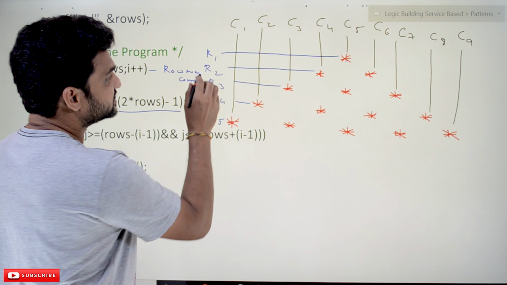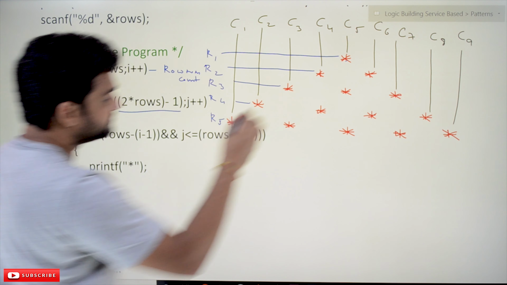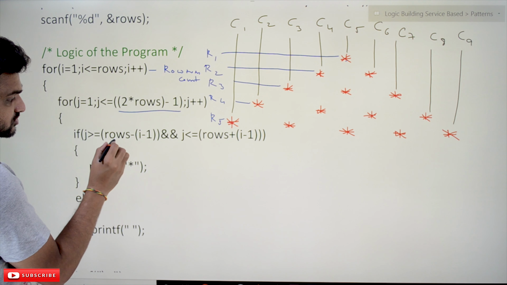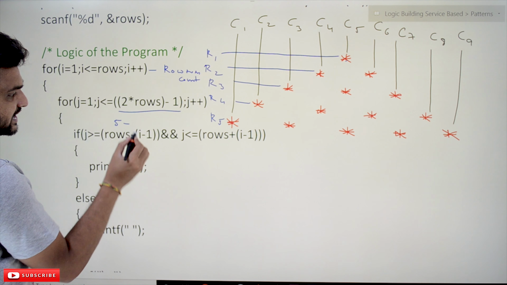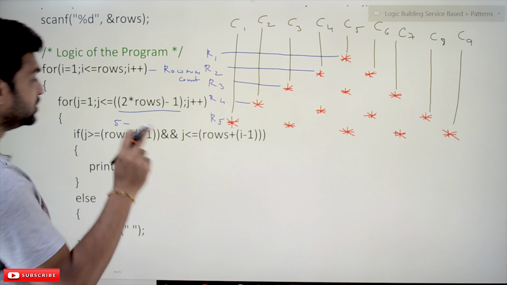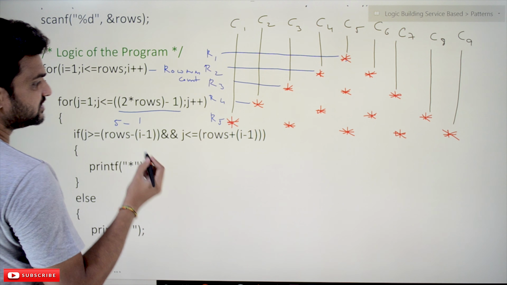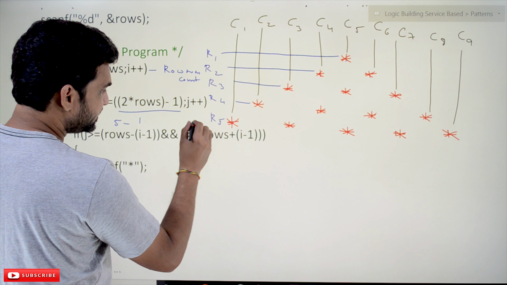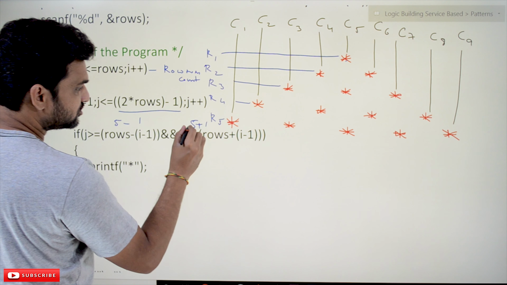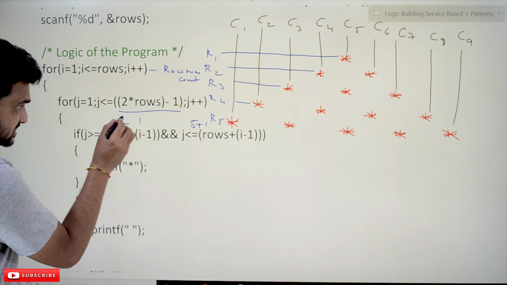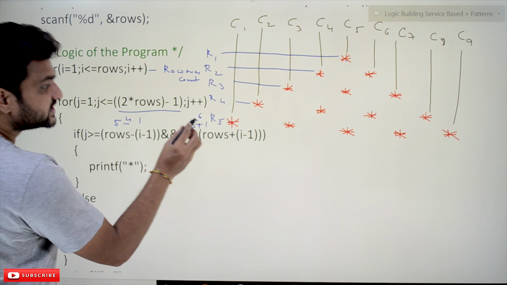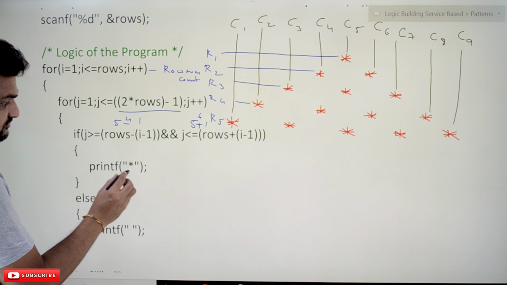For example, if we are in the second row, the value of j is true from 5 minus i minus 1, where i is equal to 2, so 2 minus 1 is 1, so 5 minus 1 is 4, and up to 5 plus 2 minus 1, which is 6. So it is from 4 to 6. From 4 to 6 we have to print stars.